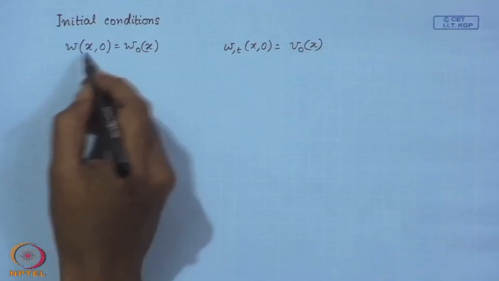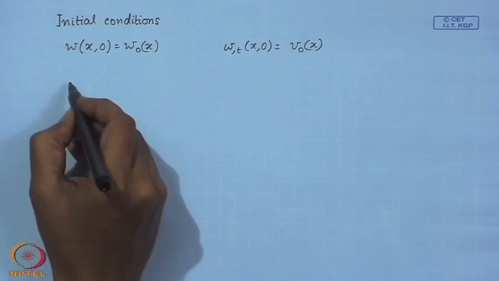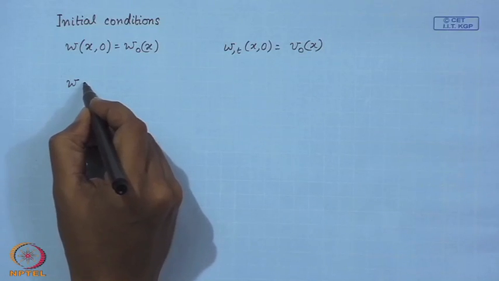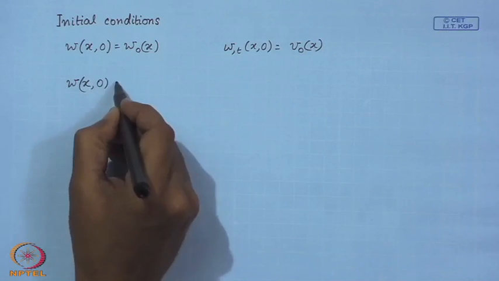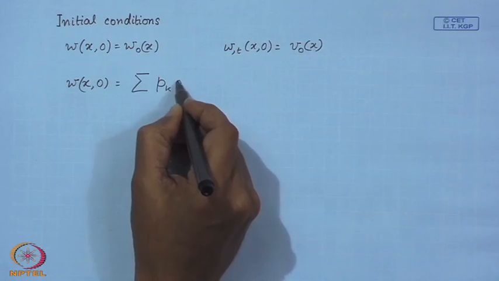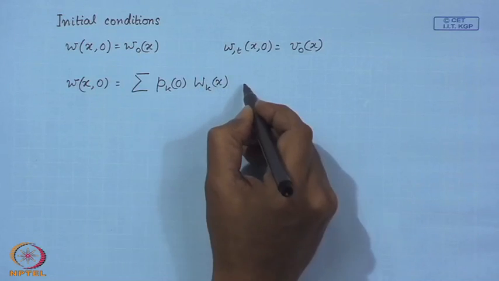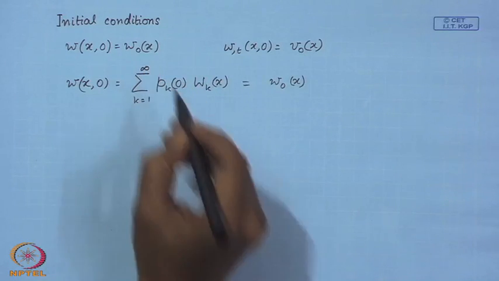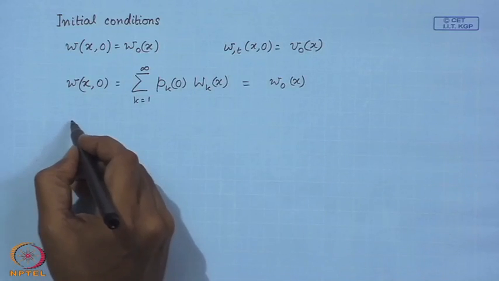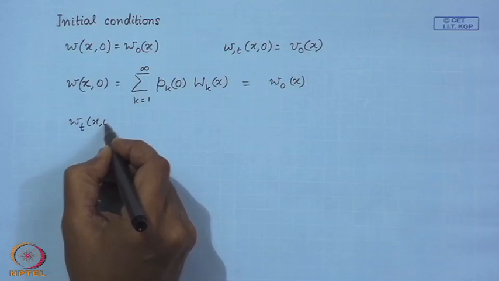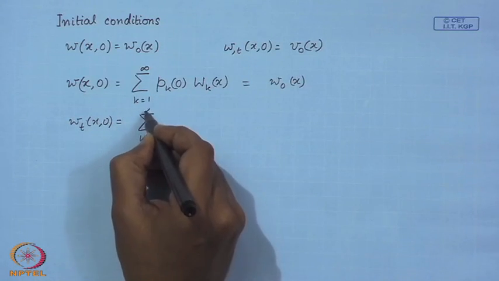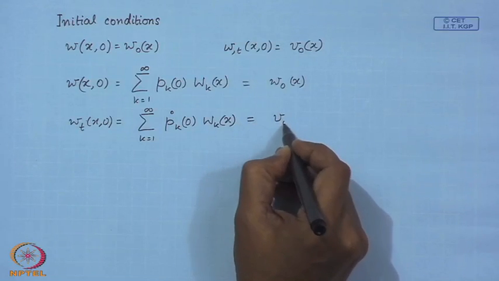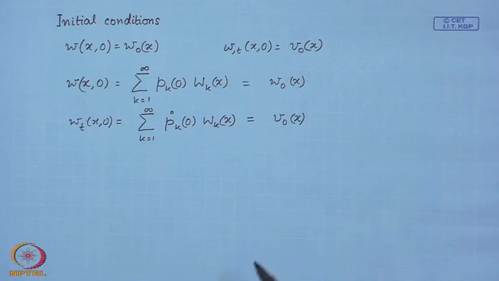So, we once again have this expansion, and similarly from the velocity initial conditions, we get this equation.